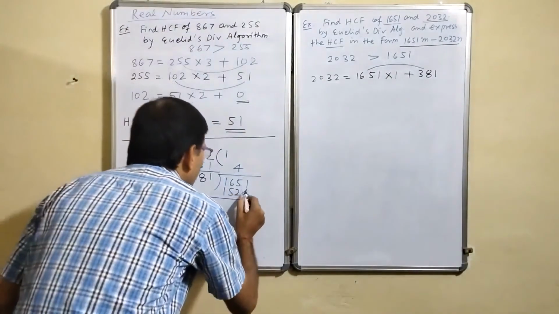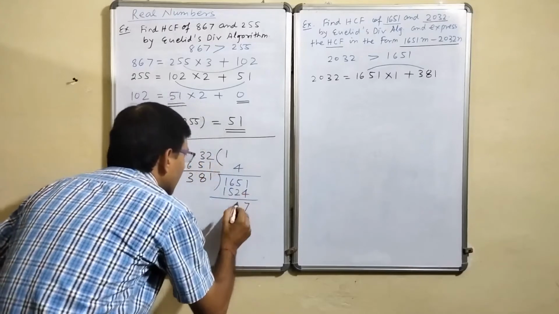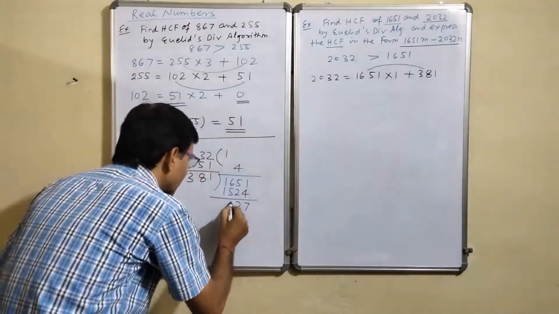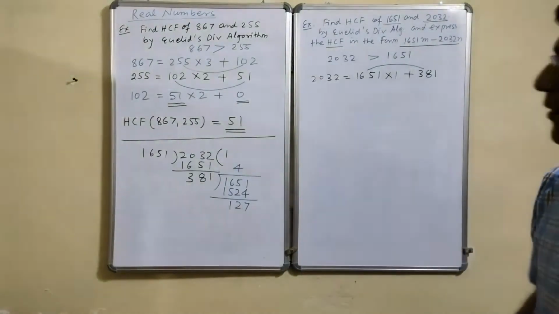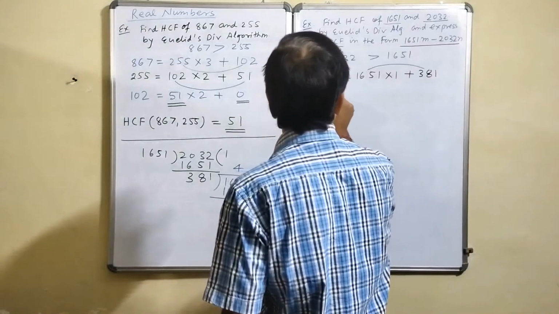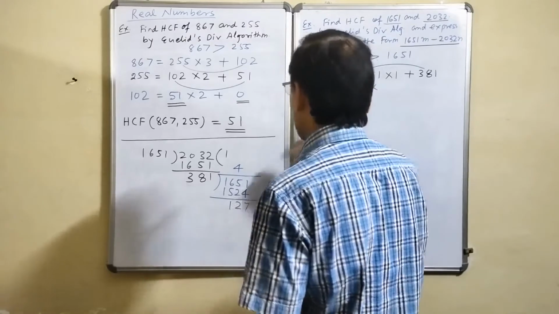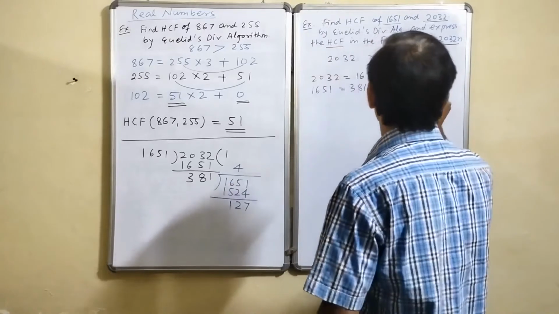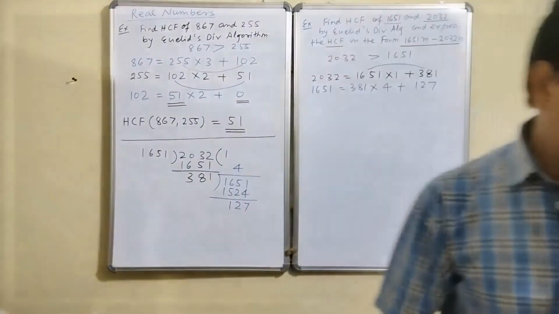So subtracting, we get a remainder of 127. So now again write it as 1651 equals 381 multiplied by the quotient 4 and remainder 127. What we see, again remainder is not 0.